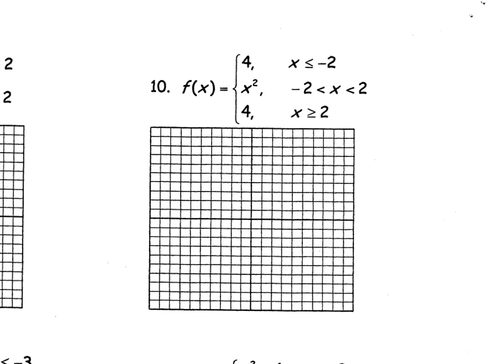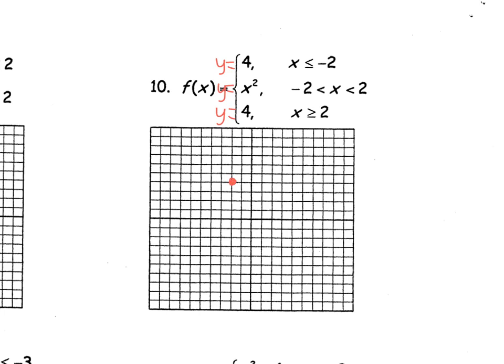Okay, when x is less than or equal to negative 2, that's going to be a closed dot. If it helps you, write in f of x. Sometimes it helps people. So y is equal to 4. So you're going to go over to negative 2 up to 4. And this one will be a closed dot.